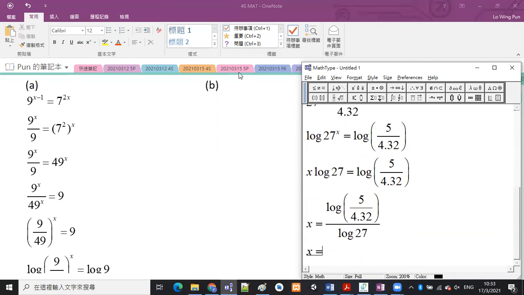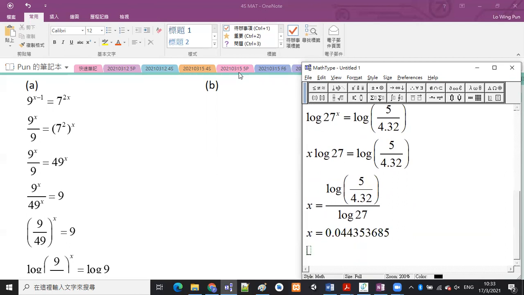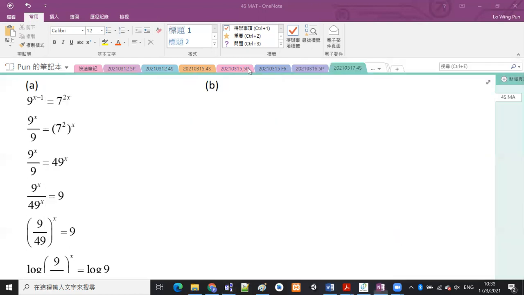So I think the answer should be 0.044 something. 353,685. Okay, and when it is corrected to 3SF, it should be 0.0444. And that is the answer.